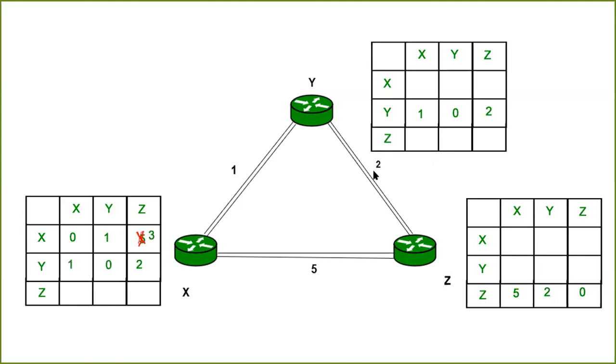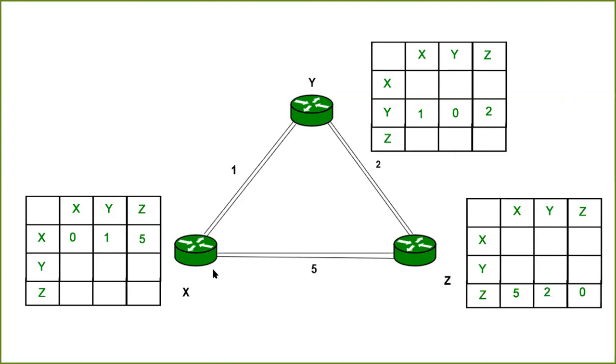Now just observe this part. This was the routing information. Now we are going to find out how x calculates the distance to z. So y is advertising that it can reach z at a cost of 2.